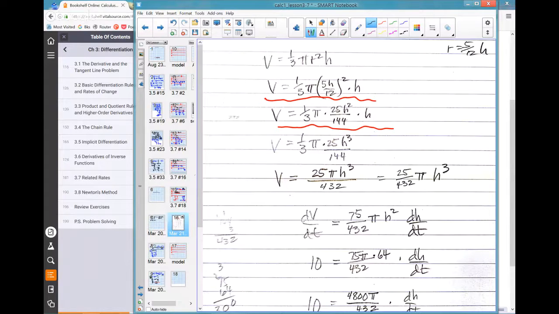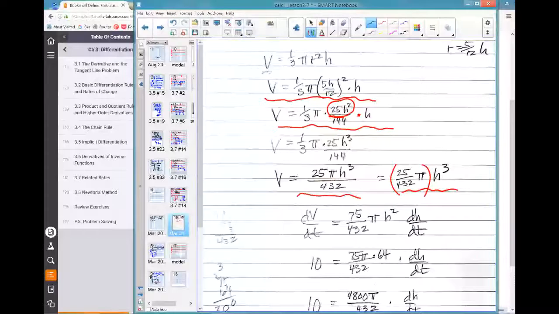You can put the 1/3 on the bottom. That brought me down to this stage, and I even simplified it to this. I pulled the 25/432 off to the left as part of the constant. This is all constant right here, isn't it? Pi is a constant, so is 25/432.